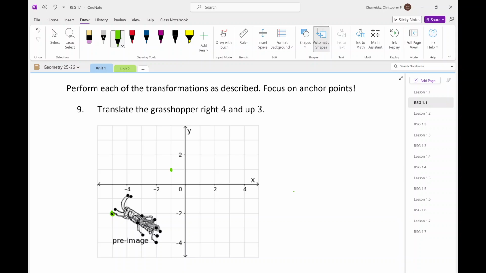So that's where that leg is going. So dot there, and then just relative to that, there's another little dot there, and then 2 more there and there. This dot goes right here, and I'm just figuring out where the rest of my anchor points go relative to that first one.